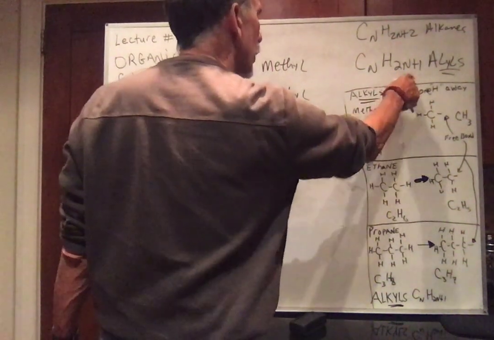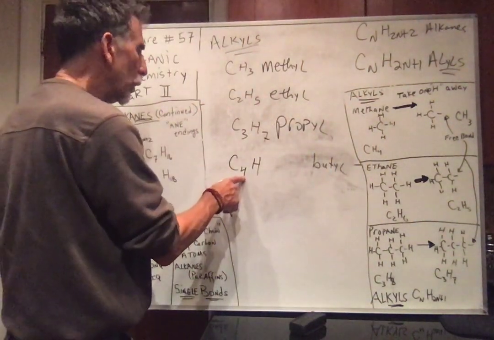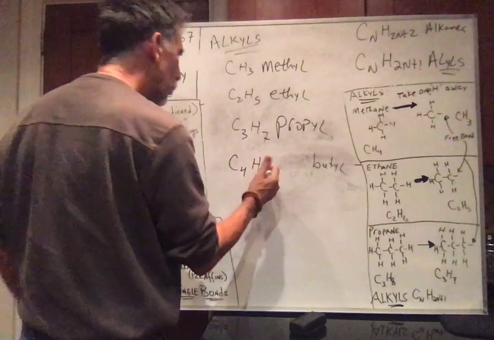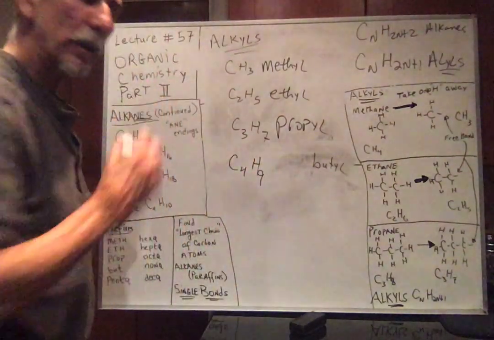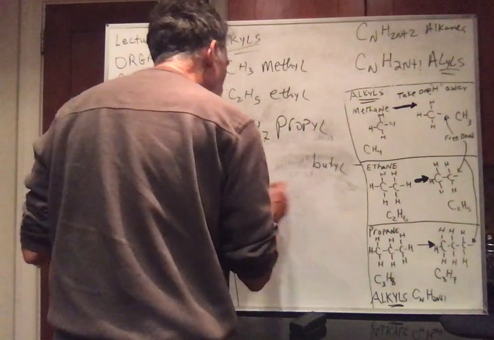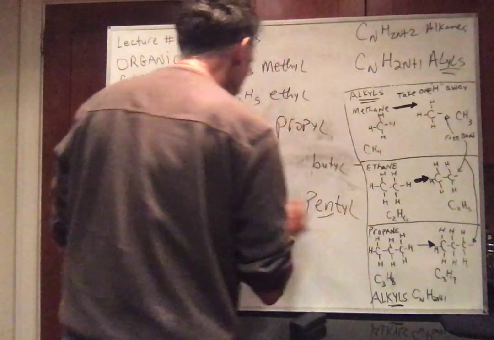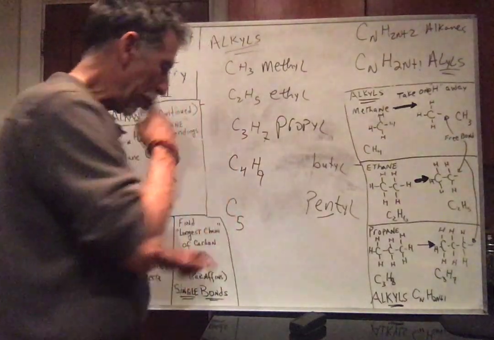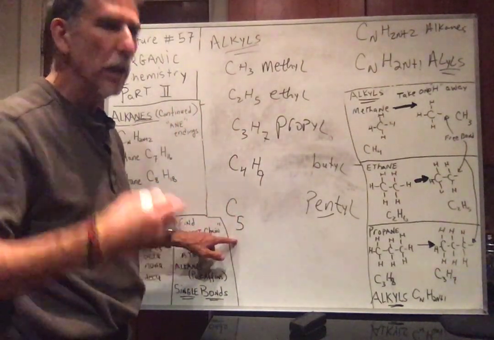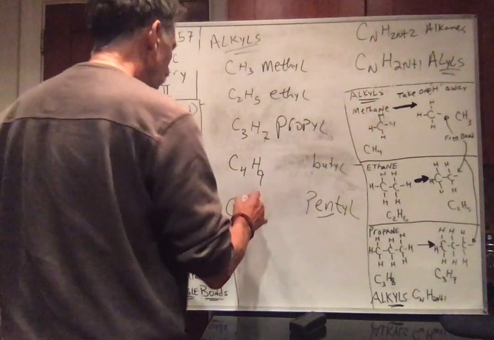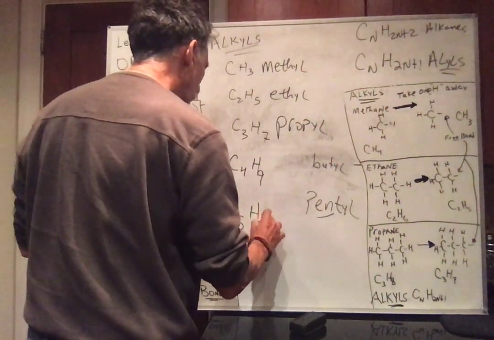So if I follow this formula, N is 4, right? 2 times 4 is 8, plus 1 is 9. So that's butyl. What do you think pentyl is? Can you guess? Pentyl is 5. So C5, 2 times 5 is 10, plus 1 is H11.